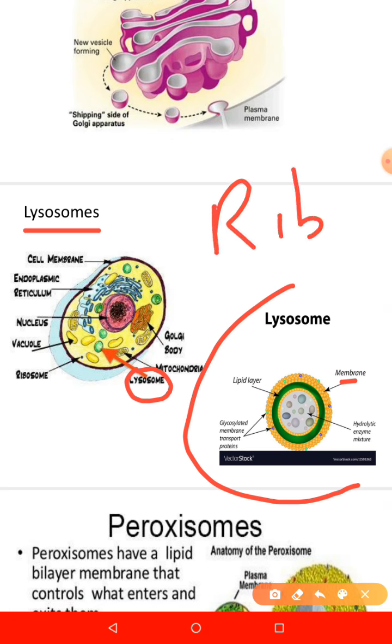Ribosomes, we said, don't have a membrane. They are without a limiting membrane. But these lysosomes have a membrane. So it's made up of a membrane, and we can see there's a lipid bilayer there. And inside the lysosomes we have a hydrolytic enzyme mixture.